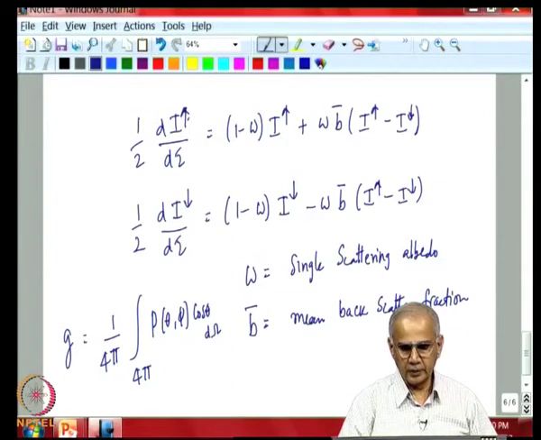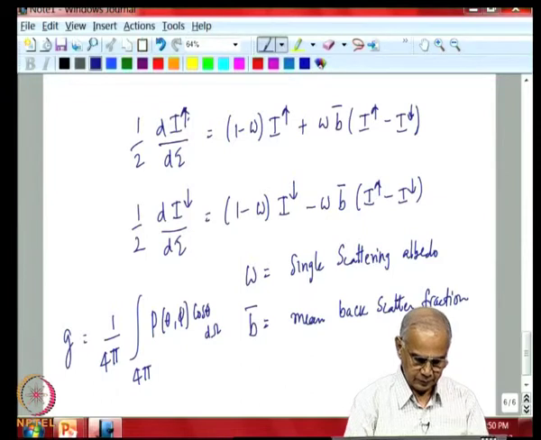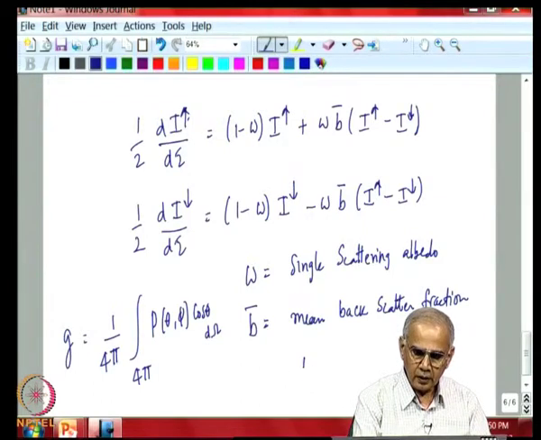One must recognize that the asymmetry parameter and the backscatter fraction must have a connection. Now, the way we have defined the backscatter fraction, it is connected to the asymmetry parameter that we defined earlier as follows.